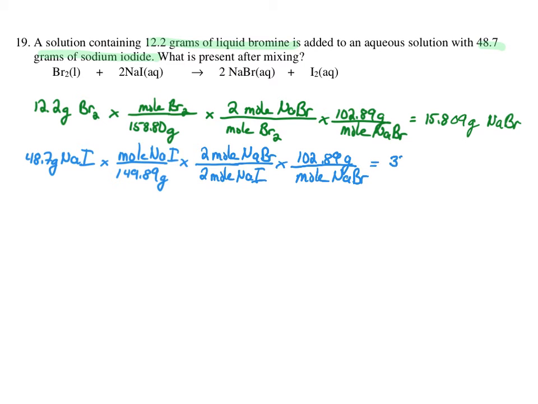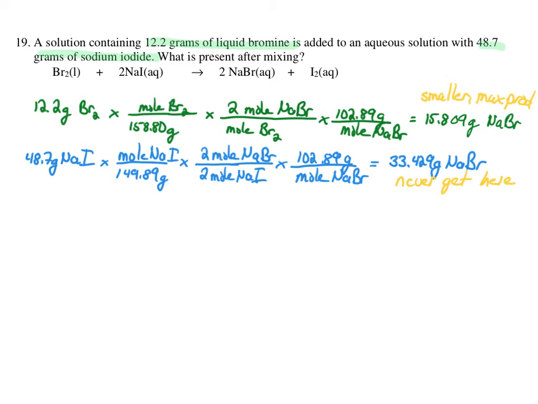Okay, our calculator answer is 33.429 grams of sodium bromide. Of these two products, we pick the one that's smaller as our max product. And that's because we would never get here.